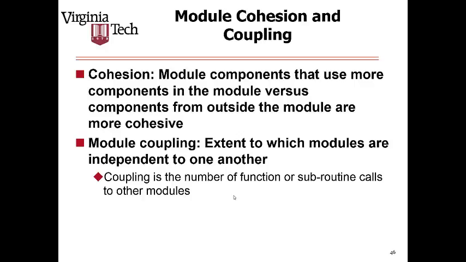But there can be a trade-off, because programs with very little coupling can be longer than shorter programs with more coupling. So what we want are modules that are fairly loosely coupled, and highly cohesive.